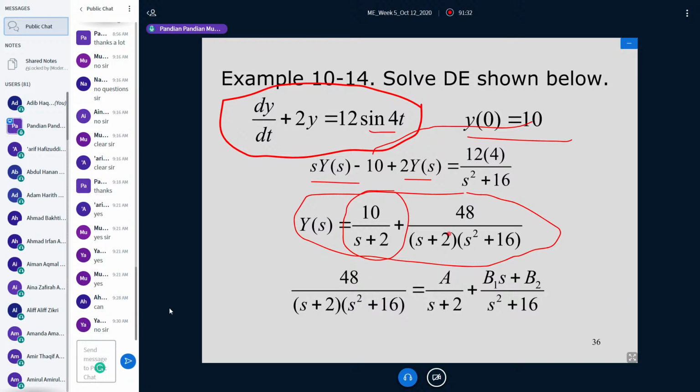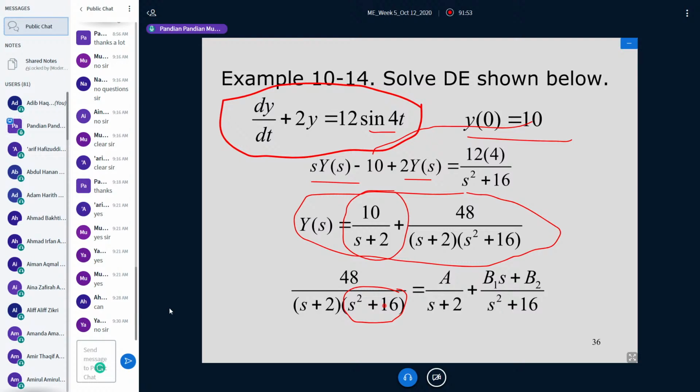But this one is the problem now: 48 over (s plus 2)(s squared plus 16). You cannot factorize this. You must take note, because there are 6 formulas for inverse Laplace, not 16, 6 formulas.